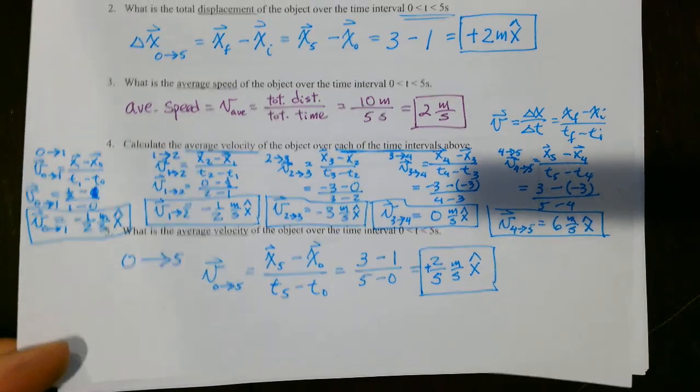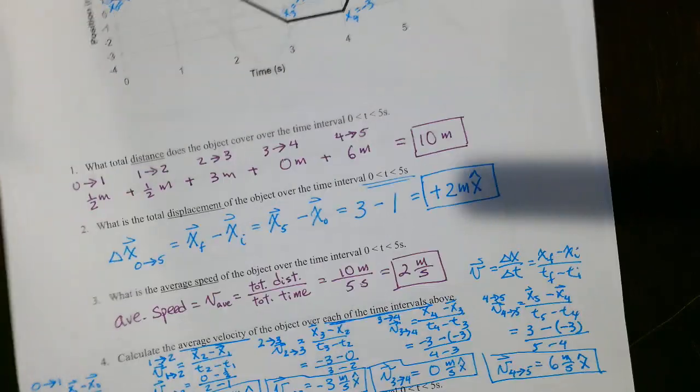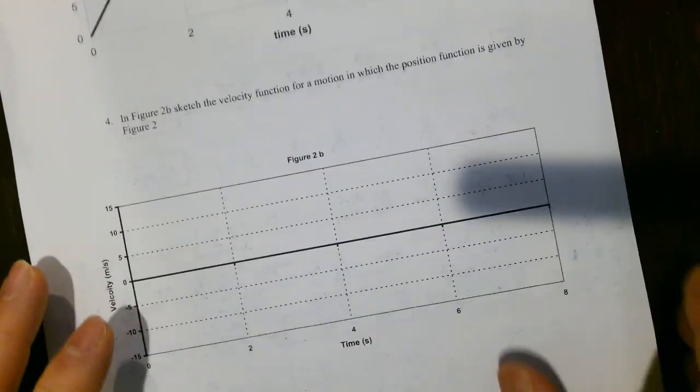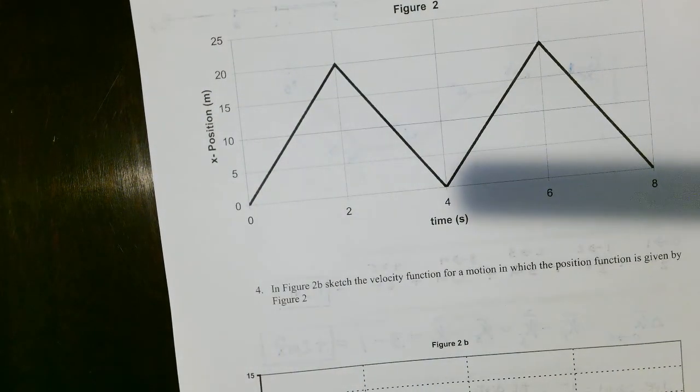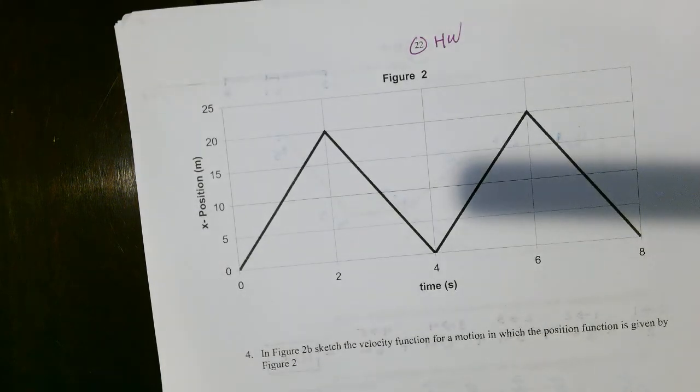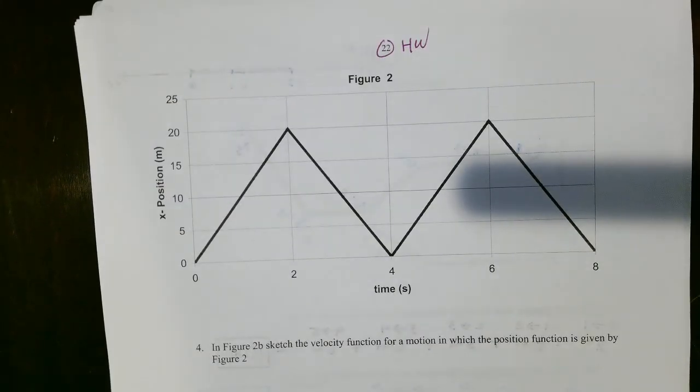All right. Let's move on to page 22. So for page 22, we have this, looks like a crazy function here. It's going back and forth, right?